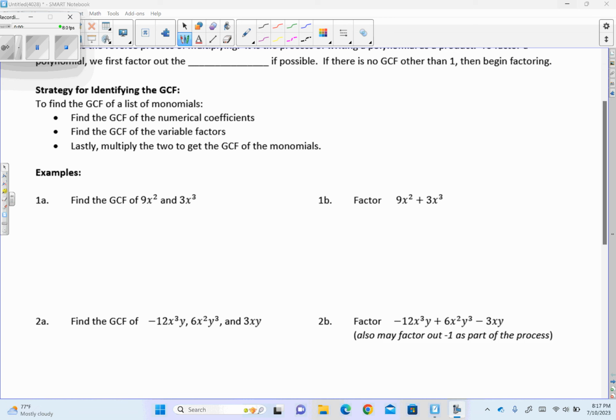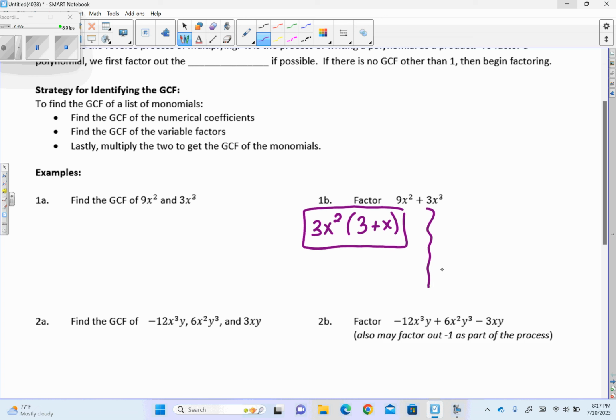So we talked about for 1b that if my GCF is 3x squared, and we looked at it as a multiplication, we would get 3 plus x, and this would be my factorization.